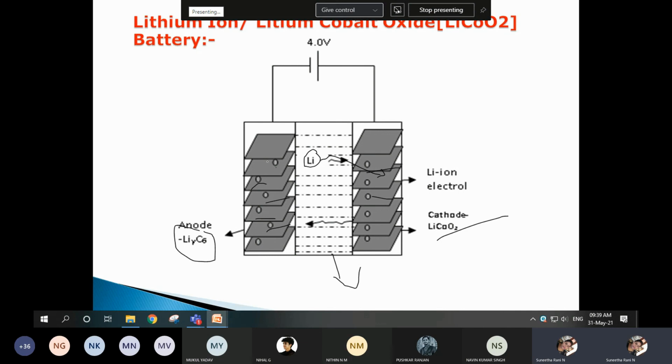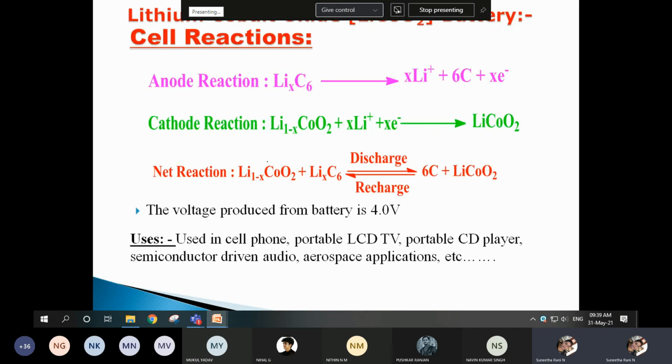So what type of reactions are taking place here? The lithium coated LiXC6 undergoes oxidation to give Li plus ions and carbon with the liberation of electrons.